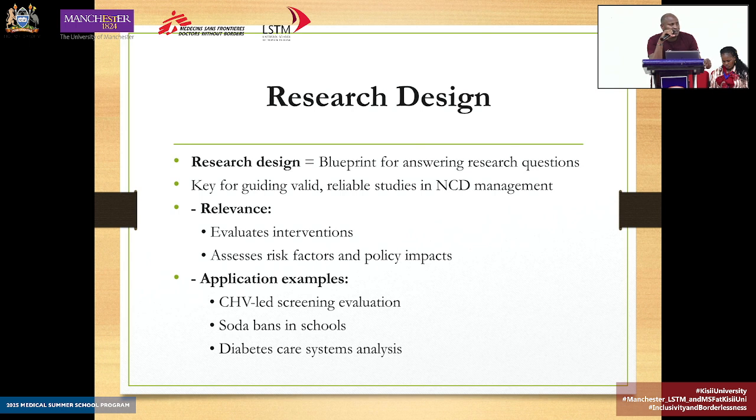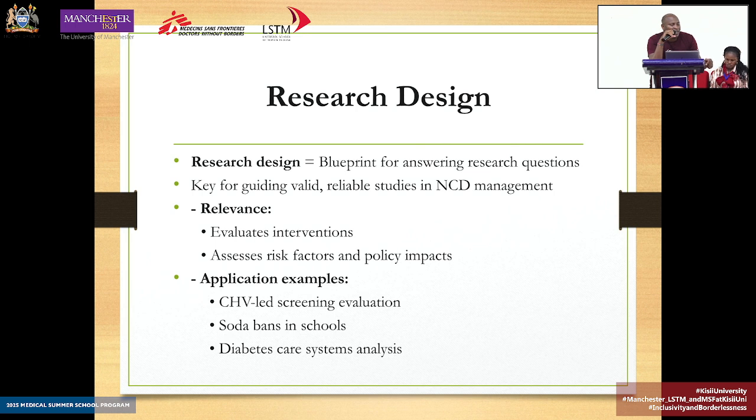Their relevance is based on evaluating interventions, because once you have the project, you have gone out there, you've started implementing. As I presented yesterday, you need to have an M&E framework that is workable. This M&E framework will help you to evaluate those projects that you have initiated in the field.